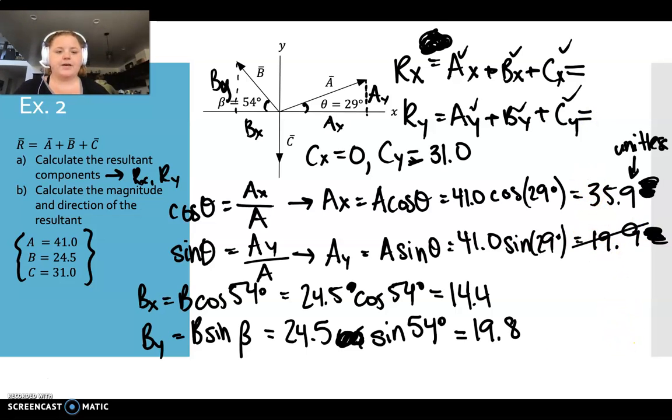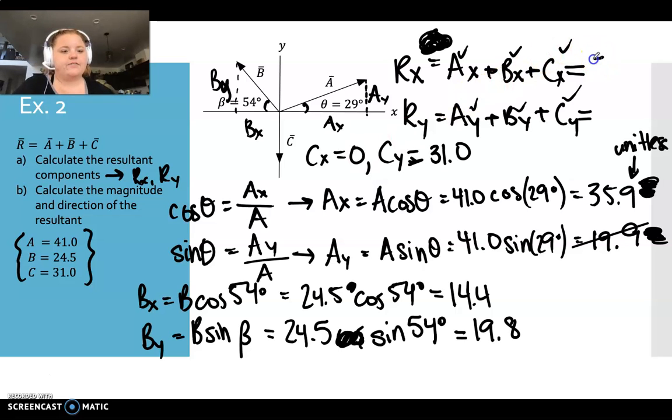For r sub x, we have a sub x, 35.9, plus b sub x, which is 14.4, and then c sub x we determined is 0.